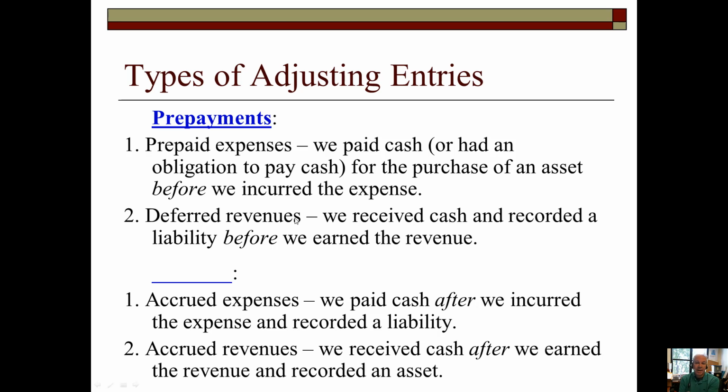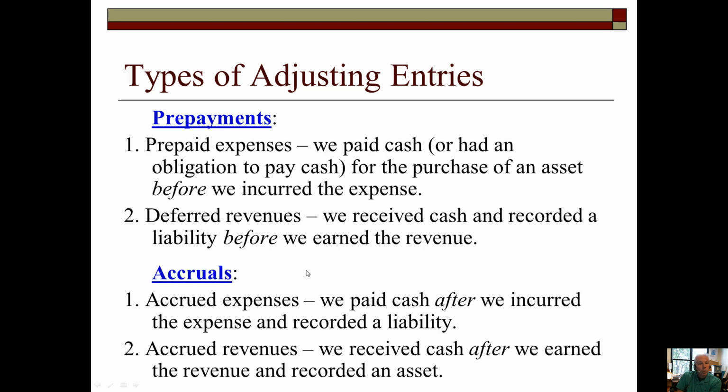Remember, this is when we receive cash in advance, but the performance of the service is not completed. So in that case, we have an obligation or a liability to record deferred revenue for when we receive cash in advance, before we earn the revenue. So think of the prepayments as prepaid expenses and deferred revenues, which can also be thought of as prepaid revenues.